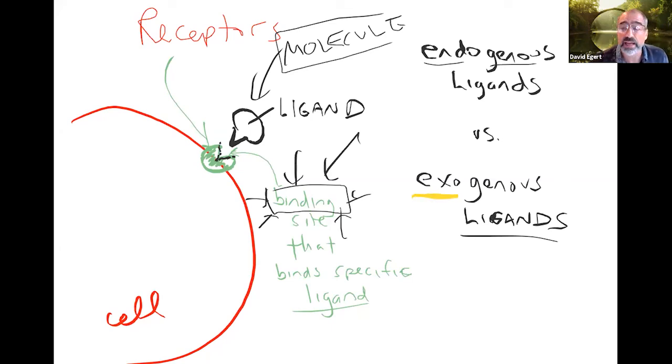So something that you took or you smoked or you got injected into you or whatever, somehow this molecule got into your body, but it is acting as a ligand. It is getting in and it is binding the receptor and having an effect there. So these are from outside your body.